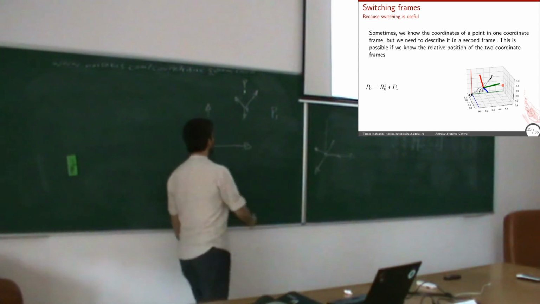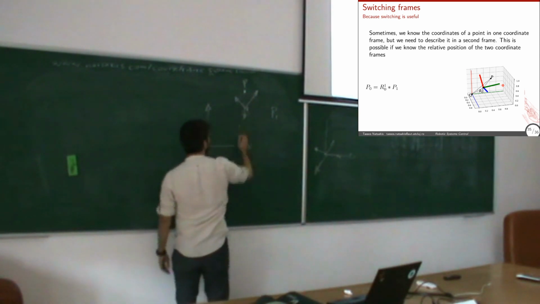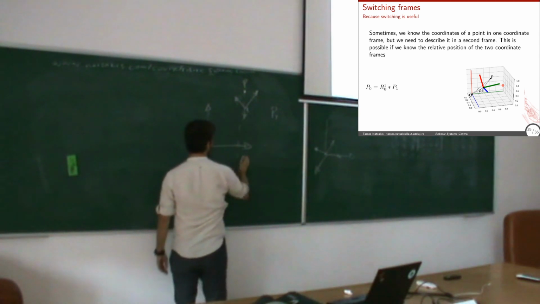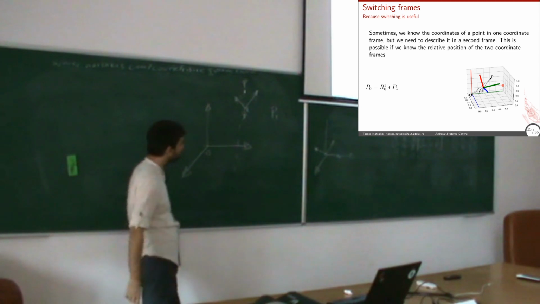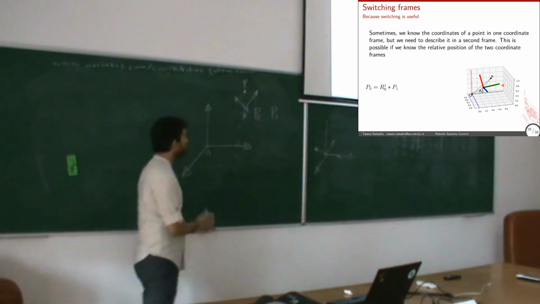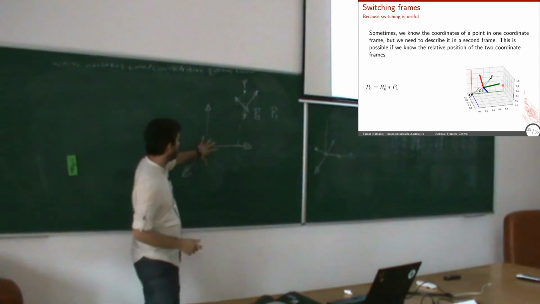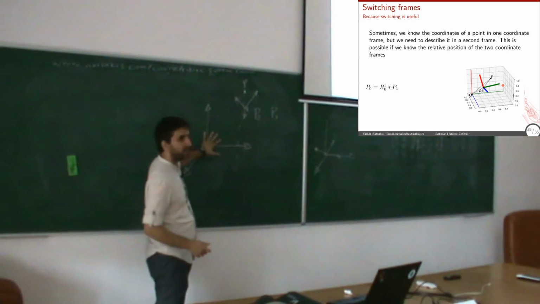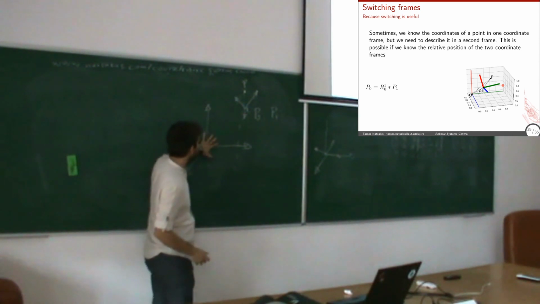How do I figure out what the coordinates of this point are in this coordinate frame? So how do I figure out P0? Basically, I need to know what kind of transformations I needed to do to go from this frame to this frame.